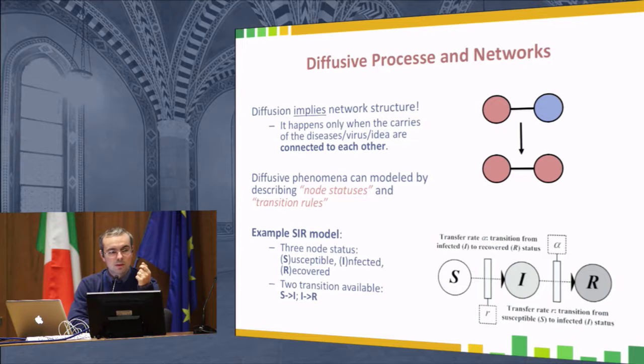Basically, here we have 2 transition rules that allow susceptible nodes to become infected with a certain probability, if in their neighborhood is present another infected node or a set of infected nodes, and another transition rule that models the fact that an infected node, after a while, with a certain probability, can become removed and then stop their diffusive acts. Okay, so they are no longer entities that can somehow diffuse the epidemics, diffuse the viruses on their neighbors.